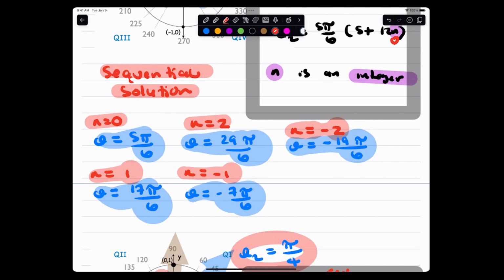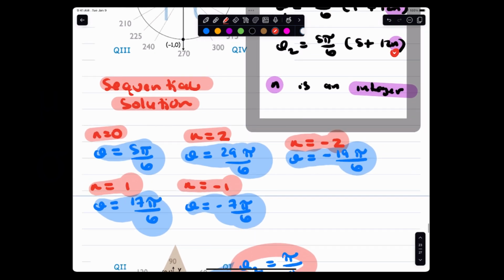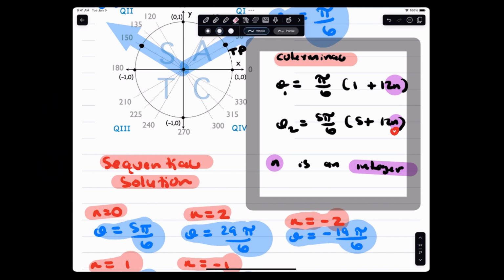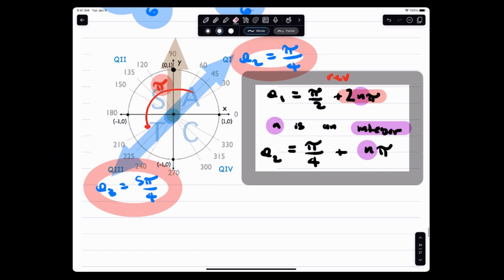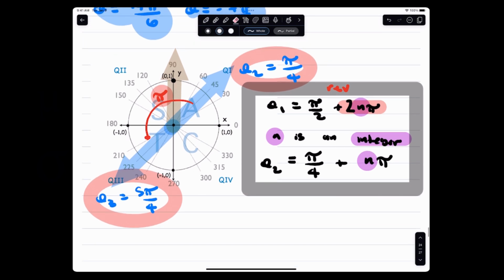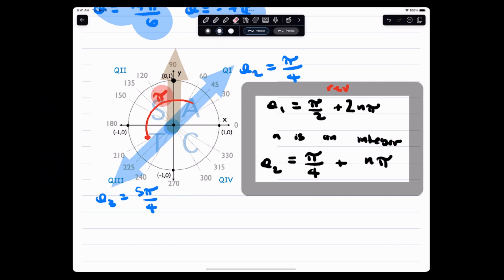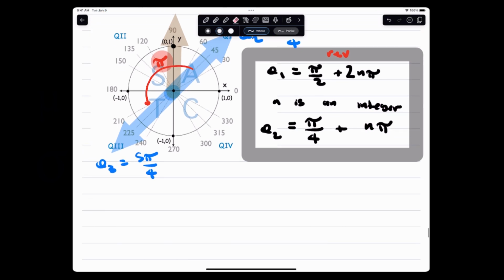Sequential. So what I want to do here is help you with the arithmetic or the algebra. Let's write these in sequential form. What do you guys think? Okay? So I'm going to erase all of that. Let's get rid of that highlighter. Let's write this in sequential form.